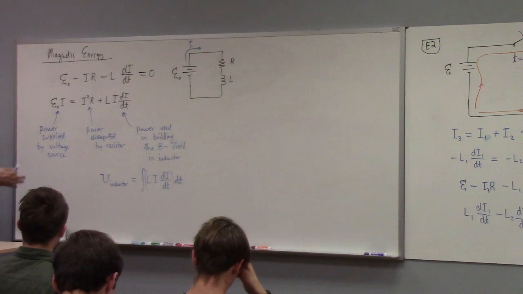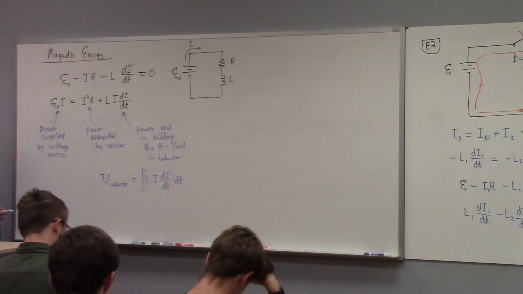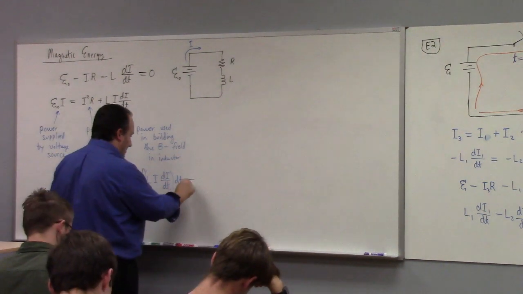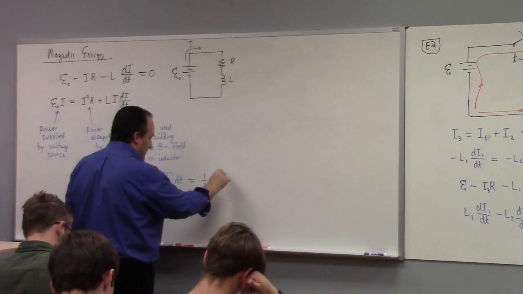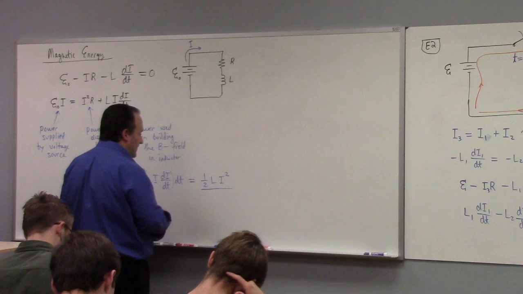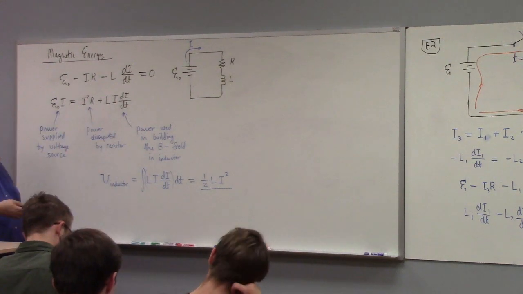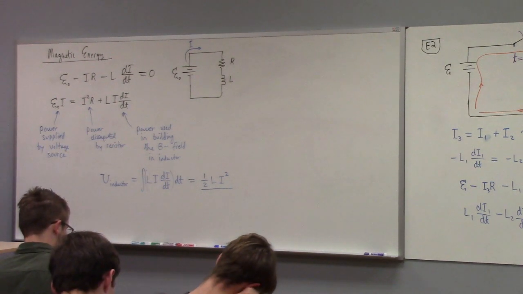And of course, you could think about the t's canceling, and we're just left with 1/2 L I squared, right? So there you go. The energy stored in an inductor is 1/2 L times the current squared.